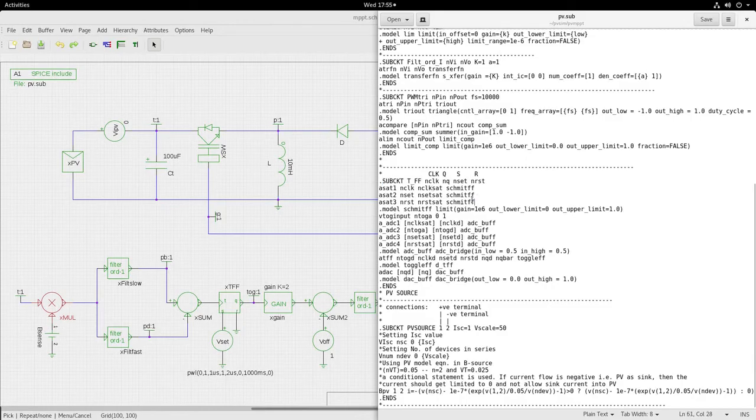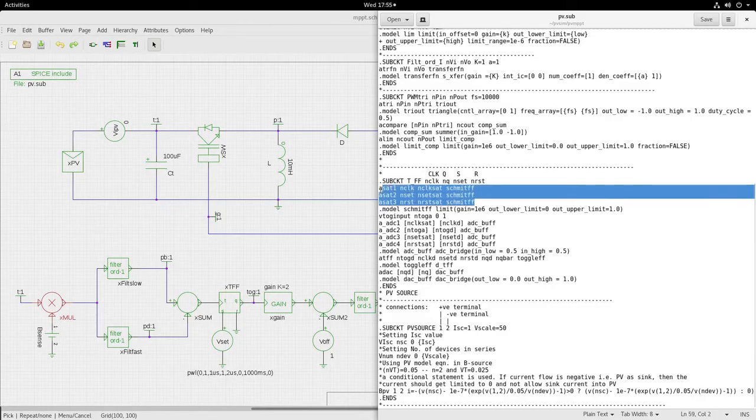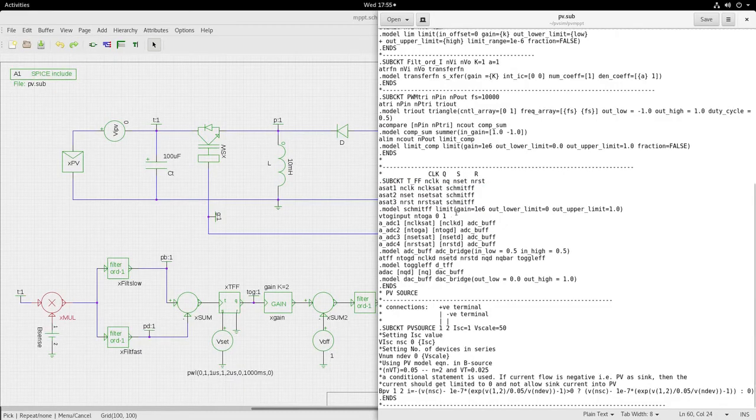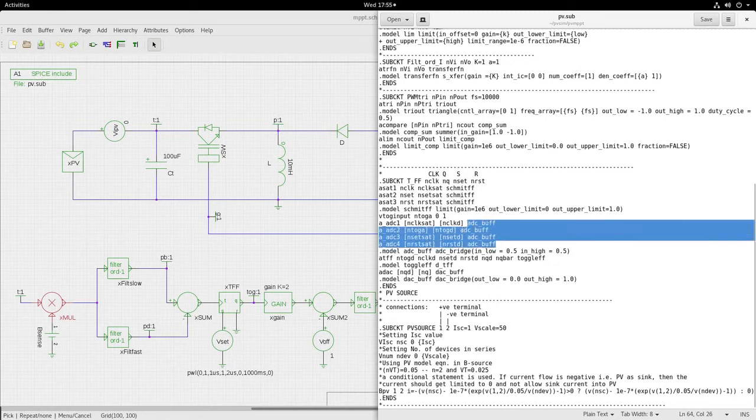So you see there is a Schmidt. All the inputs are passed through a Schmidt comparator. The Schmidt comparator model is kept here. And after passing through the Schmidt comparator, they are passed through an analog buffer.